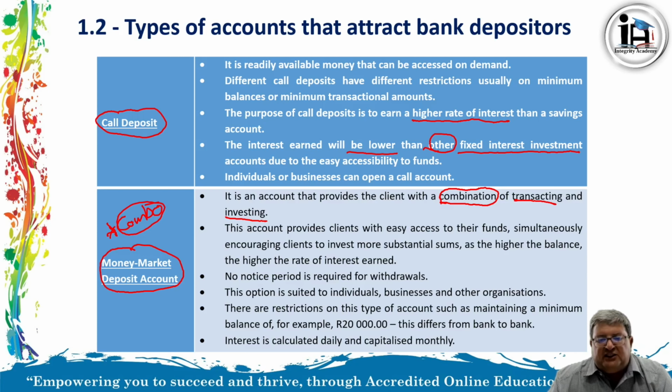This account provides clients with easy access to their funds, simultaneously encouraging clients to invest more substantial sums. As the higher the balance in the account, the higher the rate of interest earned. So the more money is in the account, the higher the balance, the higher the rate of interest earned will be.